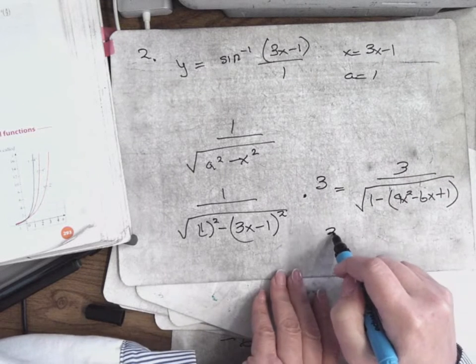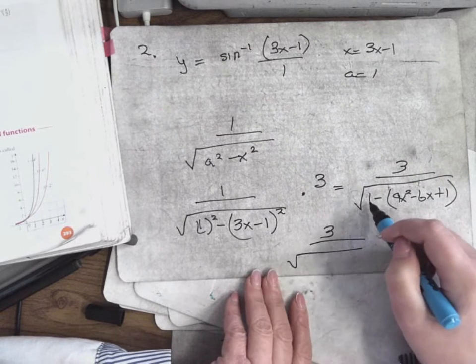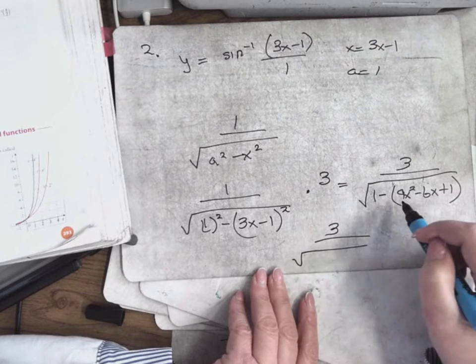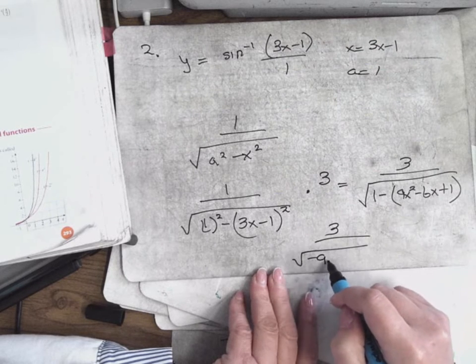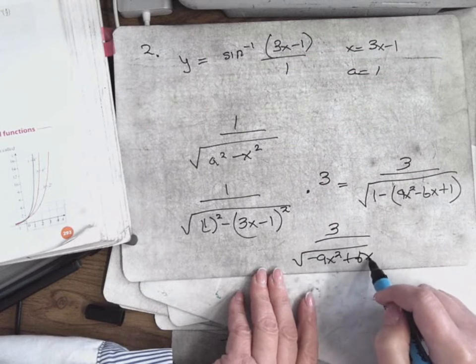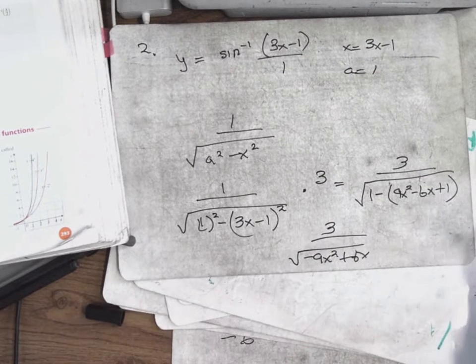Right, so that's 3 all over the square root of, so when you multiply in by the minus, it would be 1 minus 1 is 0, so I have minus 9x squared and I have plus 6x, and that's what they said the answer was going to be. They've just written it in a different order. Is that alright? Okay, are we good?